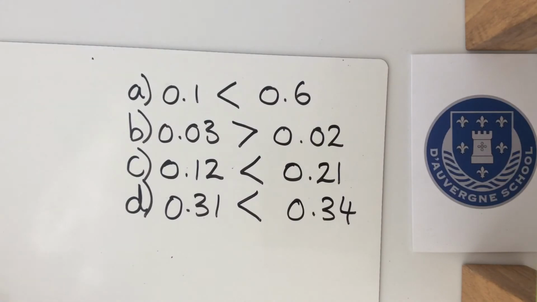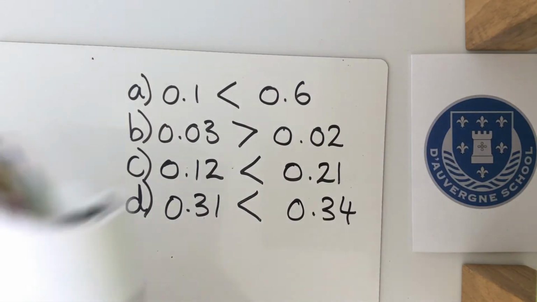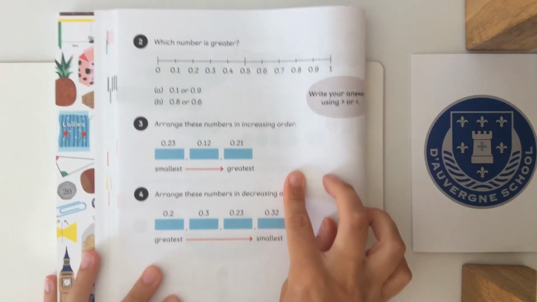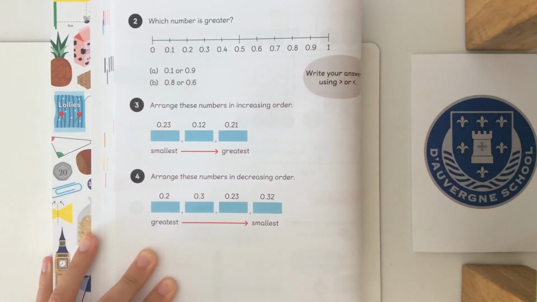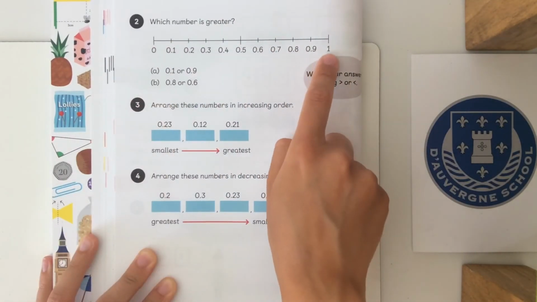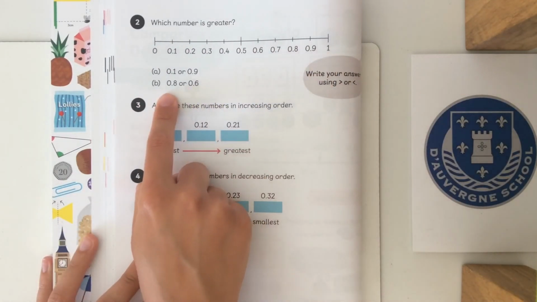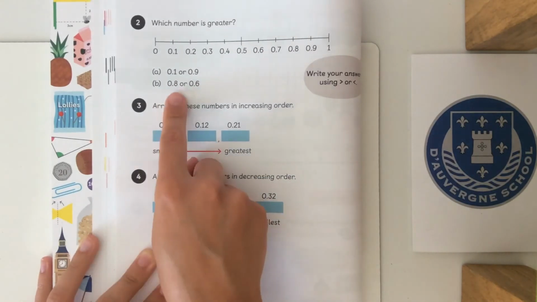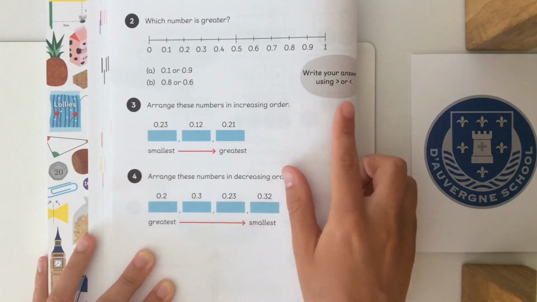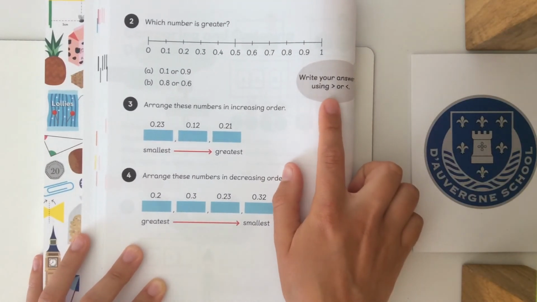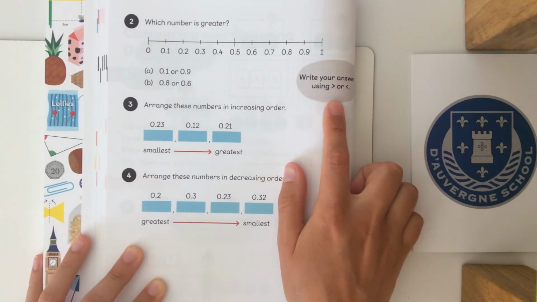Next guided practice, we've got a few more questions to do. Which number is greater? So they've got a number line here from 0 to 1 whole. It might help you. It's a different method to work out which number is greater. We've got 2 questions there, and then they'd also like you to use your greater than and less than symbols again.